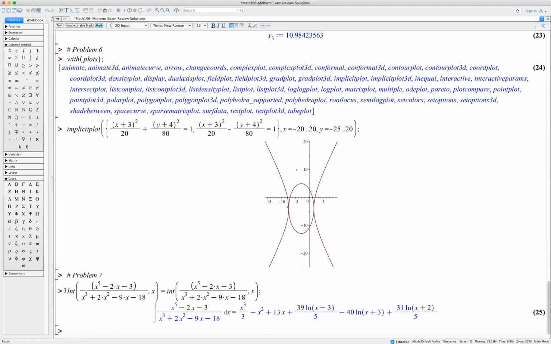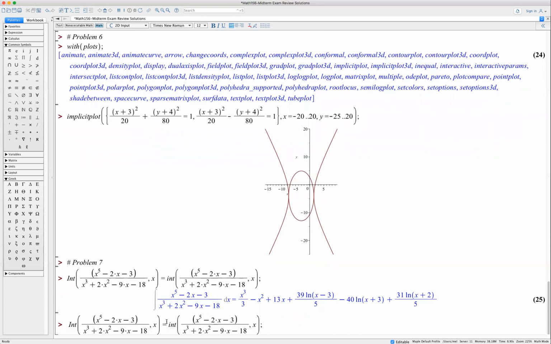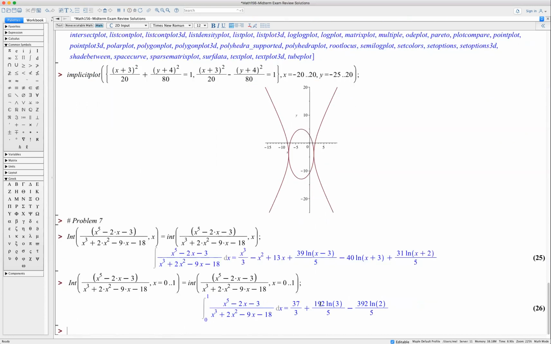And if I take the same problem, but I change the indefinite integral to a definite integral, so I want to integrate this from 0 to 1, I just say x equals 0 dot dot 1. And this is the answer.